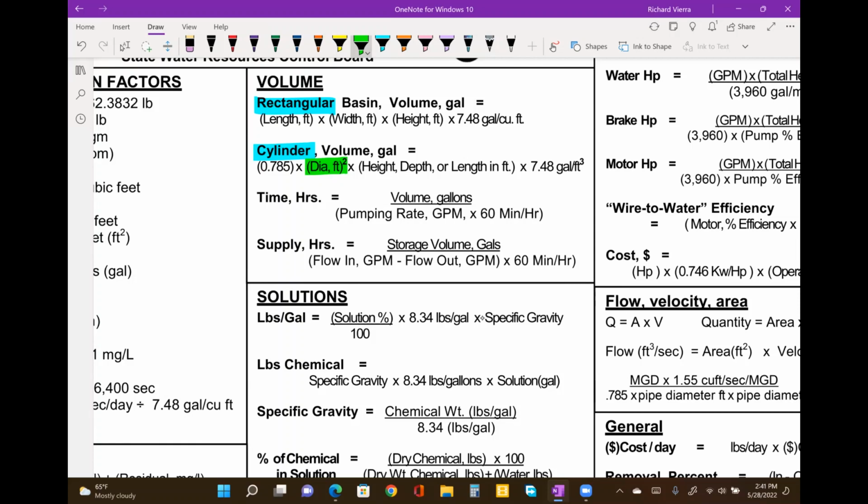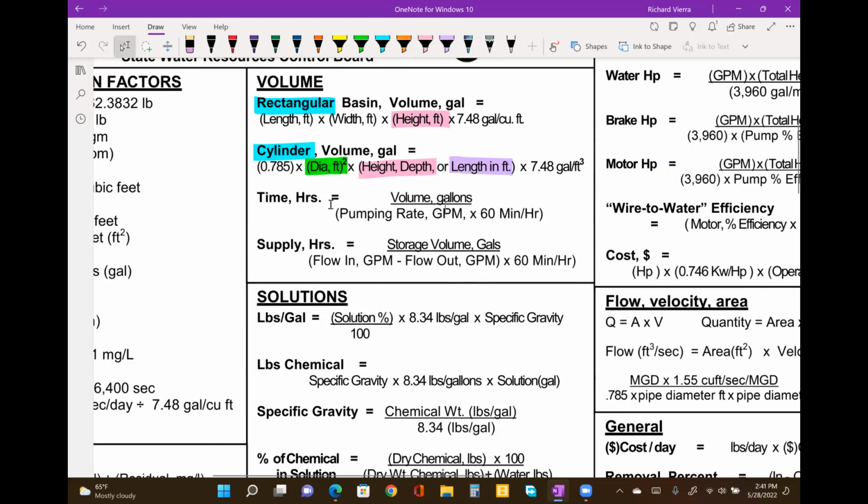If we don't have a diameter, then we should have length and width information given, which would indicate that it is a rectangular shape. Now, both of these equations can include information related to height or depth, so that is something common between them. And then, of course, in some cases with our cylinders, we don't have that other dimension as height or depth. We have it listed as length. So we'll see some of those examples as well.